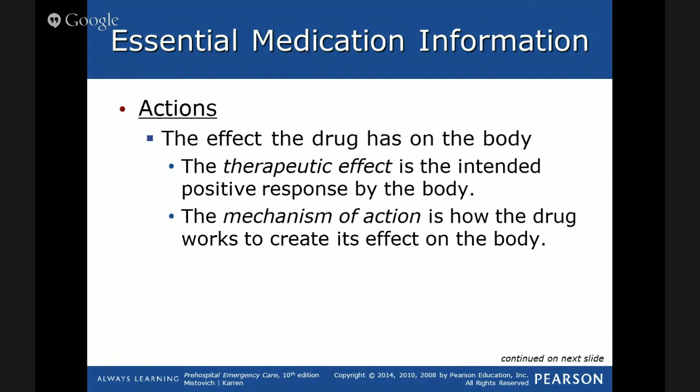The pain is the body telling you the heart is not getting enough oxygen, so we use the mechanism of action of vasodilation and increased blood flow to relieve the decreased oxygen supply, which then gives us our therapeutic effect of no more pain. Does that make sense? You guys follow that one?